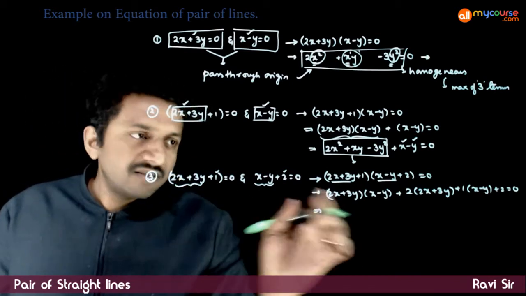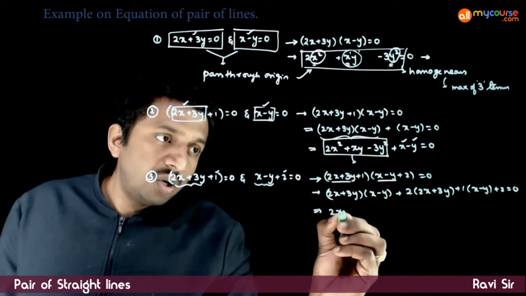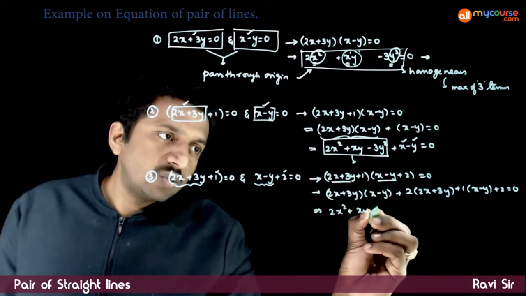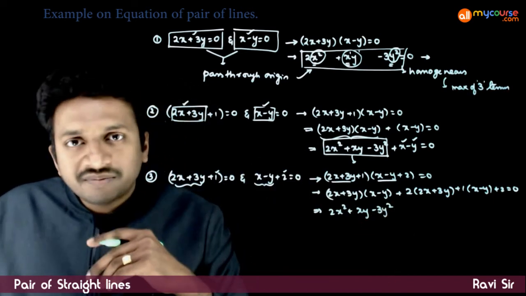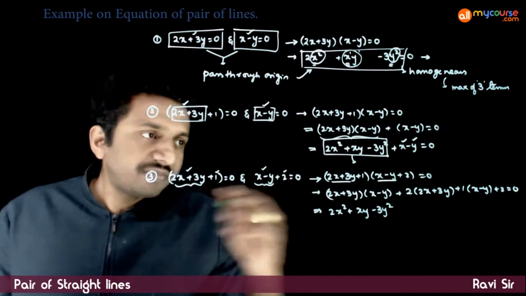So this implies the combined form is exactly the same as this: 2x² + xy - 3y². As long as you don't change this, this part does not change.